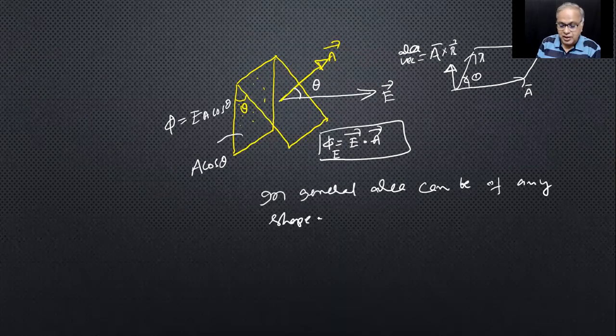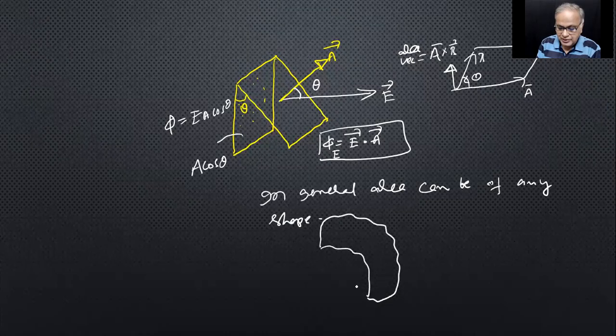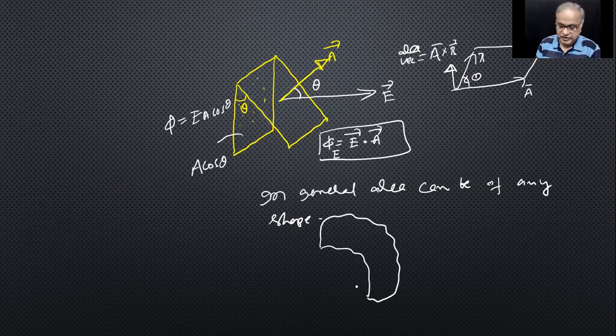We'll take an elemental area. Of course, drawing that will not be easy. Remember, area is somewhat in some zigzag way. So this will be divided into many elemental areas, small areas.